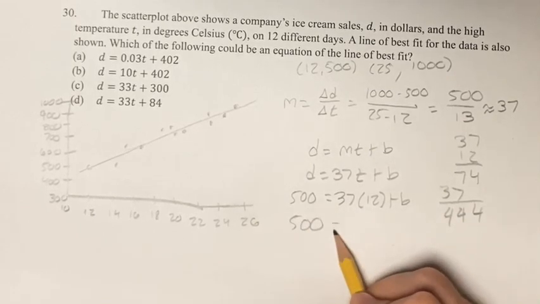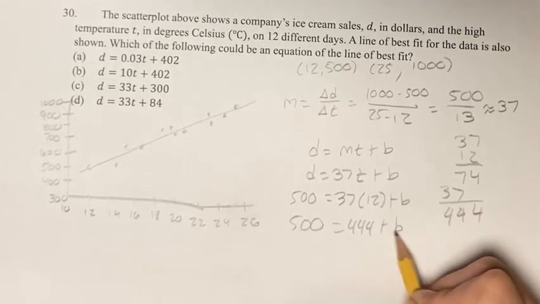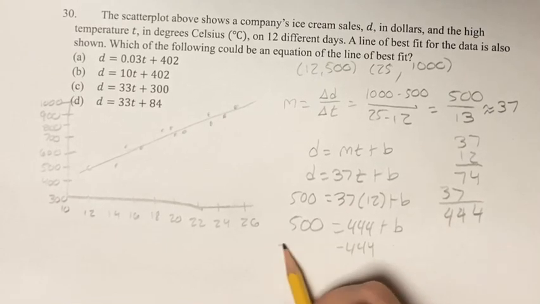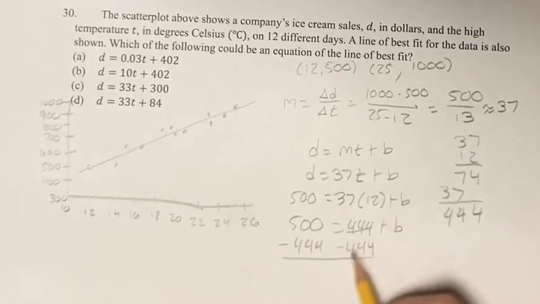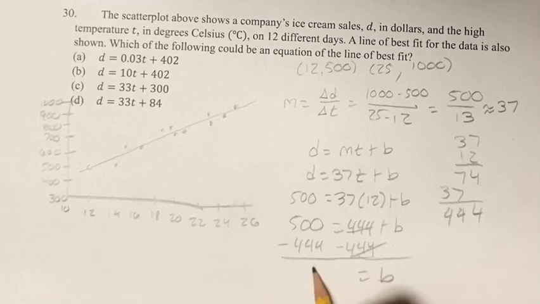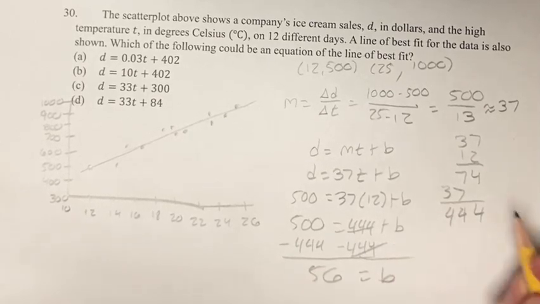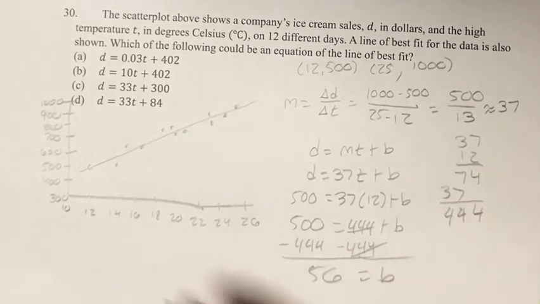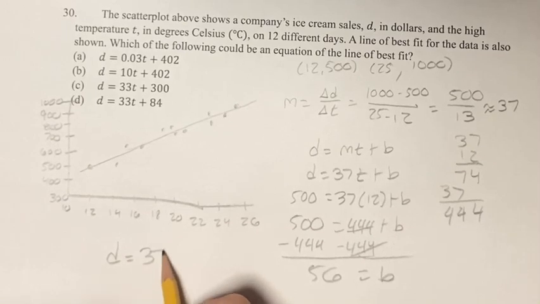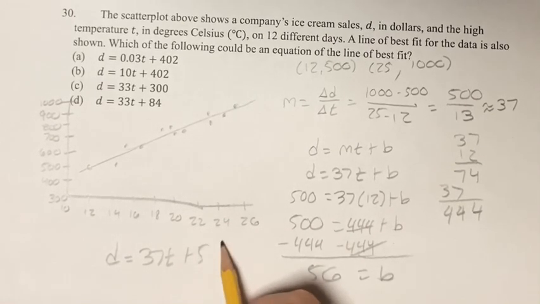So we have 500 is equal to 444 plus B. Subtracting that from both sides to solve for B, we get B is equal to 56. So we have a rough equation of D is equal to 37T plus 56.